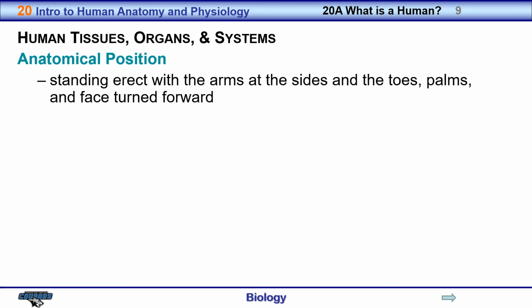Well, we're going to define these terms in what we call the anatomical position. That means you're standing upright with your arms at your side, with your toes and palms and your face forward. So imagine the inside of your hand facing toward the front. All these terms will expect you to be standing like that.